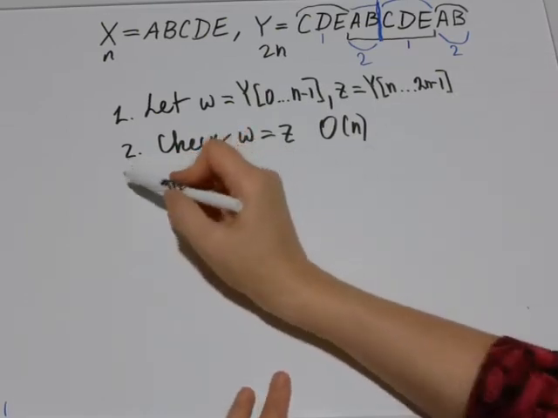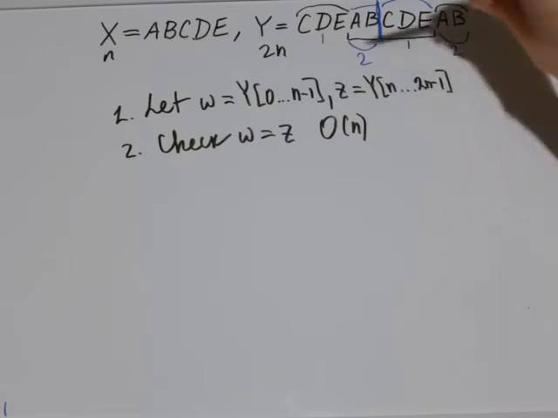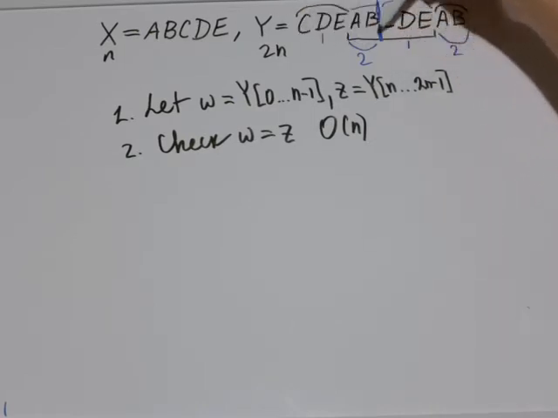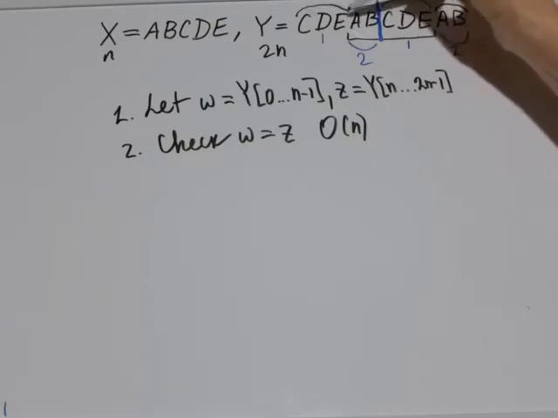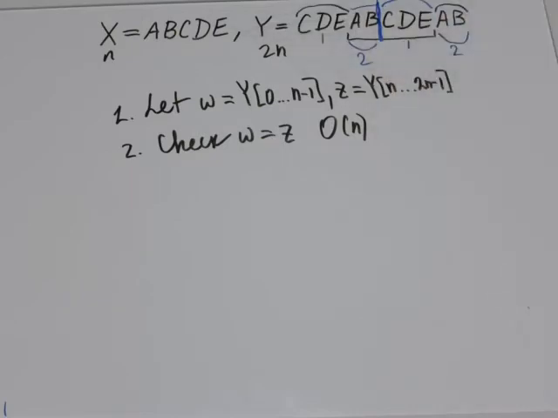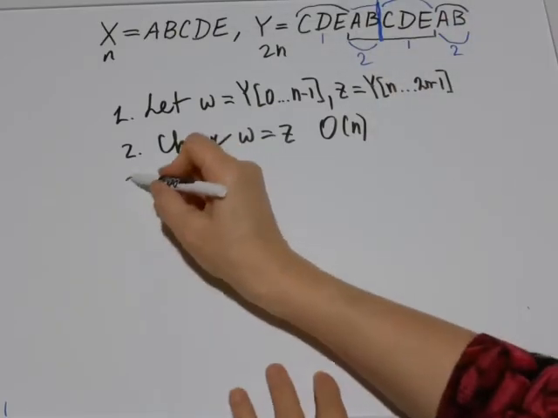Okay, and then if it is true, we still need to make sure that this first half, which is equal to the second half of y, is a circular shift of x. For that we need to do the following.